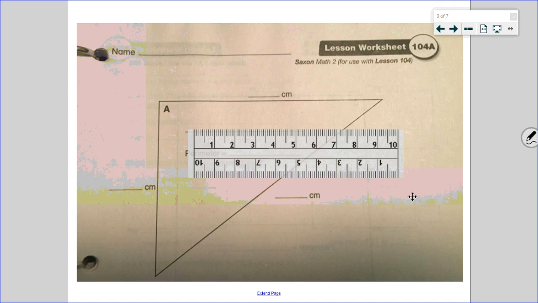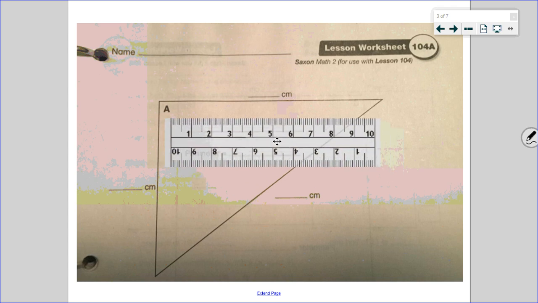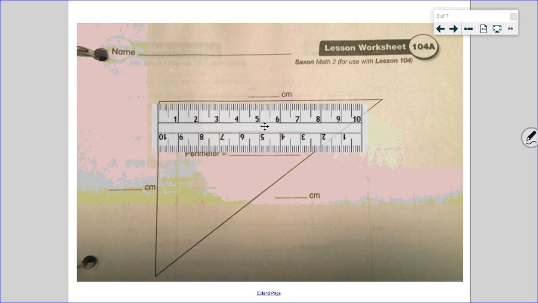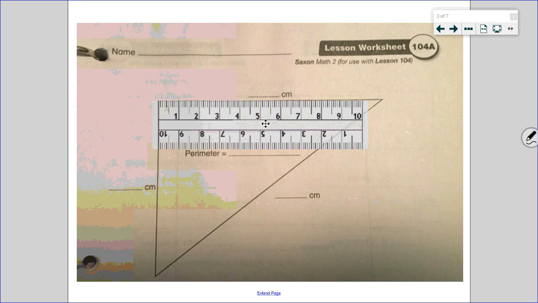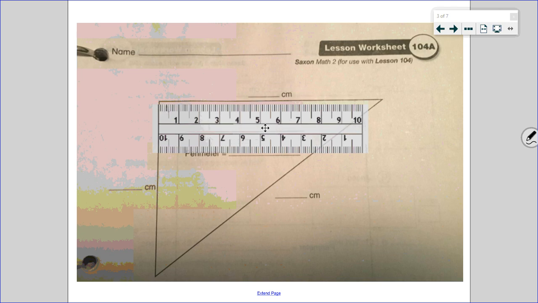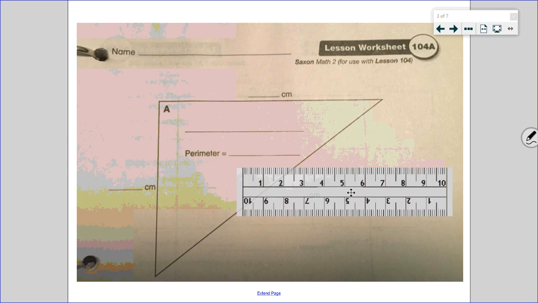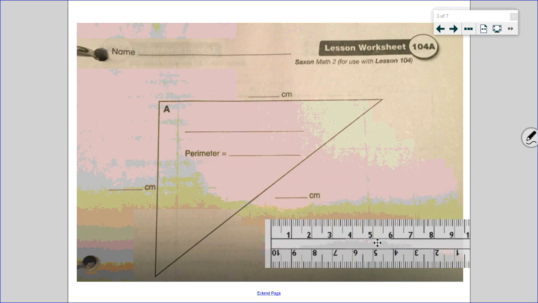Now take your centimeter ruler because it asks us to measure in centimeters and line it up. As you can see, Miss Chisholm's centimeter ruler on my smart board is not quite long enough, but you will find that if you measure that top line, you will come up with 12 centimeters. So go ahead and fill in that side of your triangle.